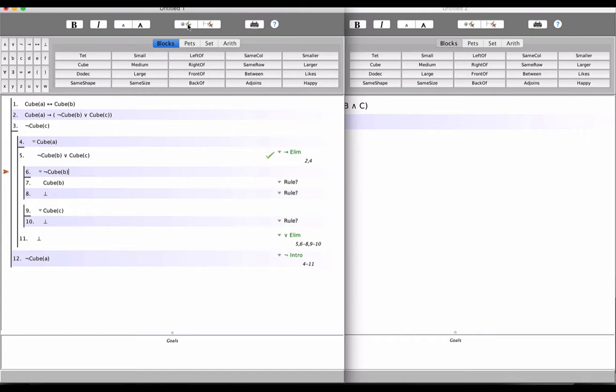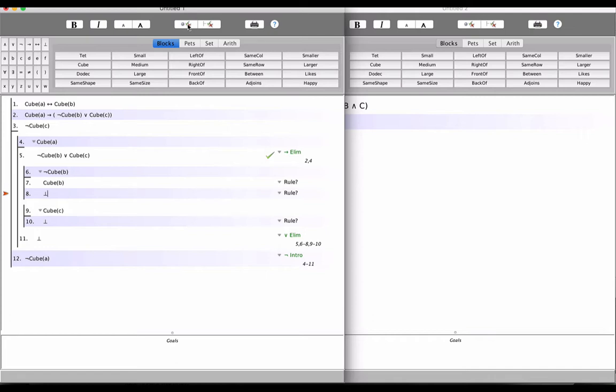Now we've got the first of our two successive subproofs that we inaugurated once we achieved line 5. On the assumption that it's not the case that we have cube B, what follows? Well, as we know, we want a contradiction, right?